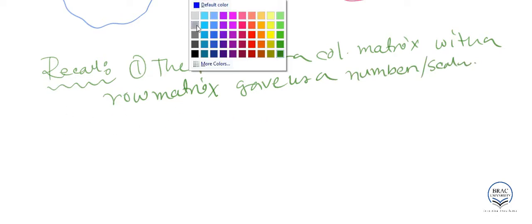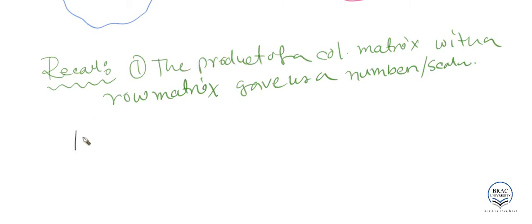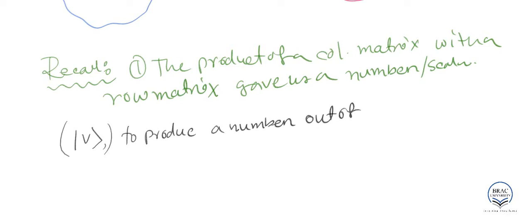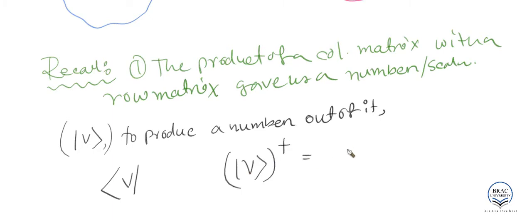For vector spaces, you have, let's say, some vector v, and to produce a number out of it, we introduce something called a v-bra, which is coming from the adjoint operation that we talked about in one of our earlier lectures, but there we didn't define it officially.